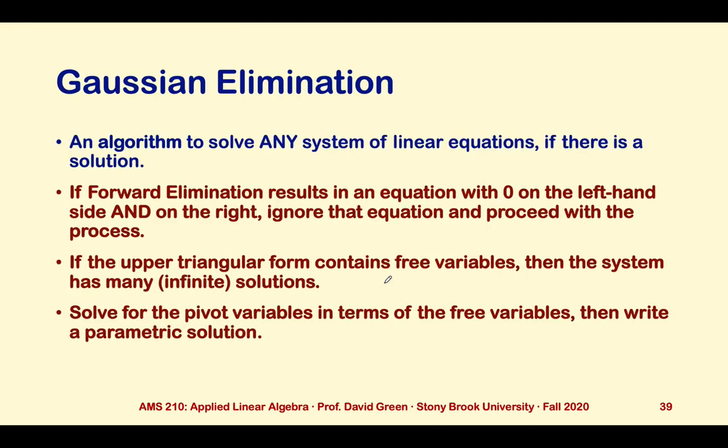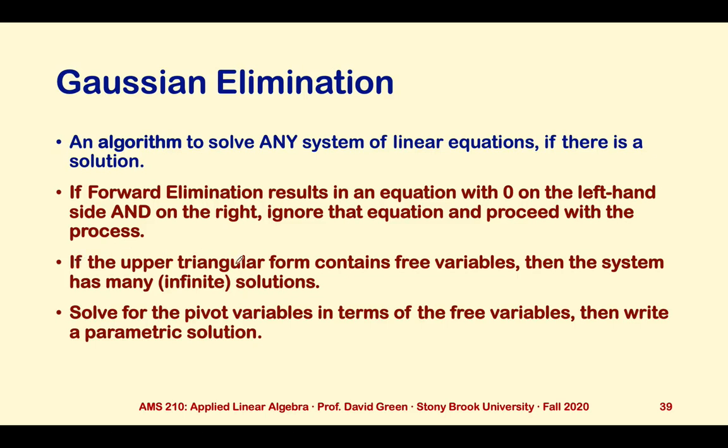This is how we deal with systems with many equations. If forward elimination results in an equation that has a 0 on the left-hand side and the right, we ignore it. 0 equals 0 doesn't mean anything. We simply proceed with the process.